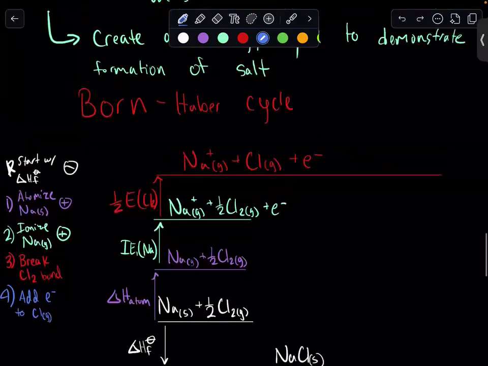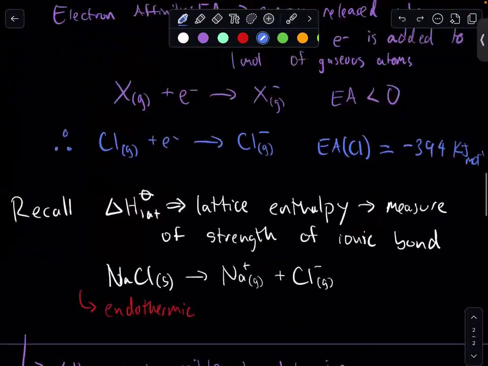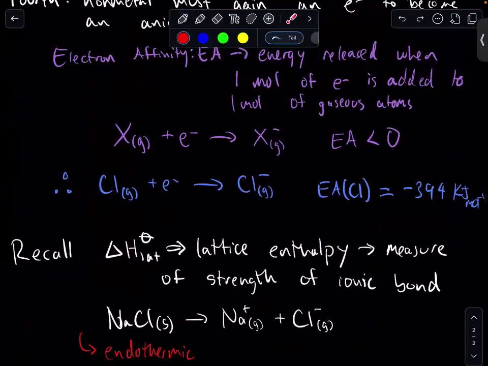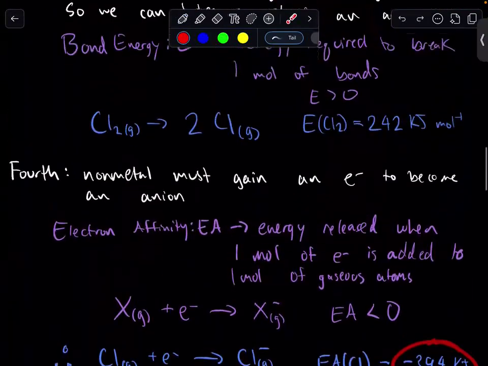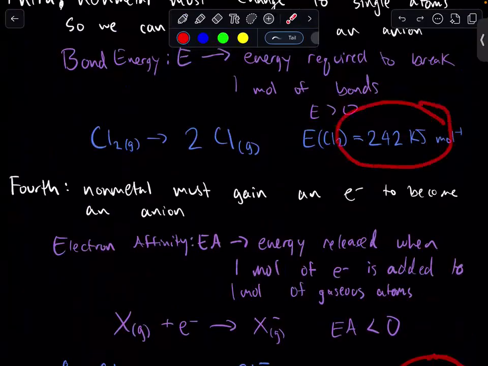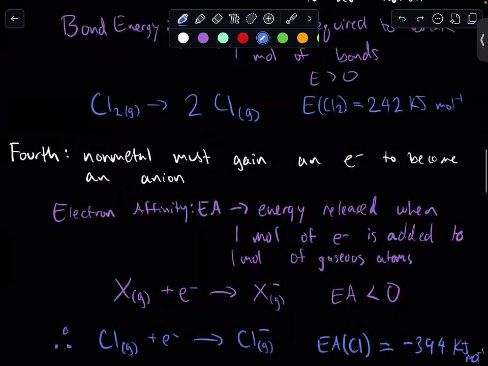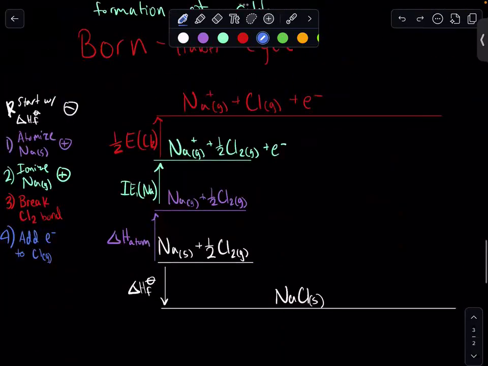Let's double check our values. We notice that adding an electron is about -400, while 1/2 of 242 is about 120. So this decrease is actually going to take us a little further than this past one.